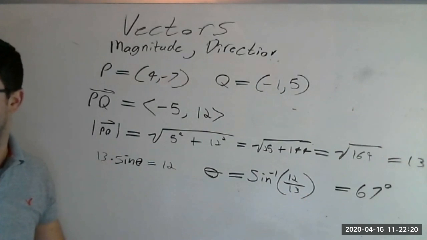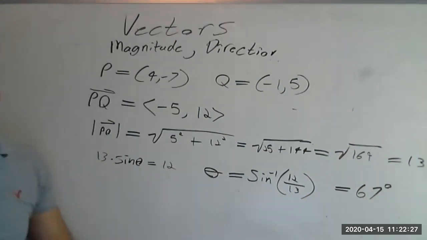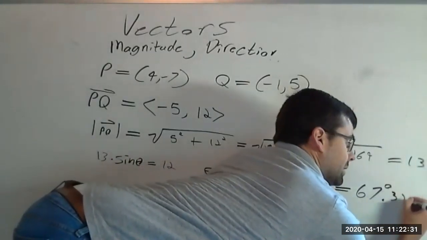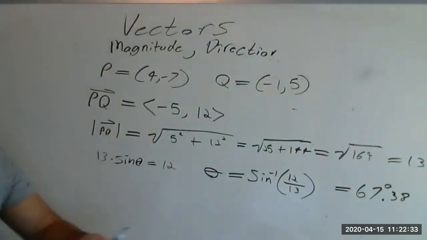Is that right? Yes. So you don't have to put like the 0.38, just leave it as is. Well, that's a fair point. I mean, you can have 0.38, depending on how far you're rounding it.